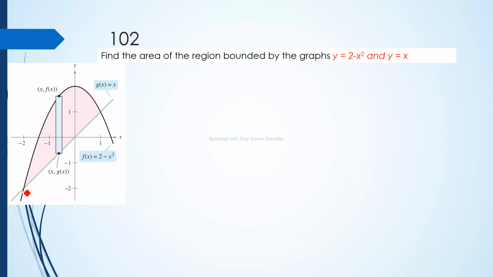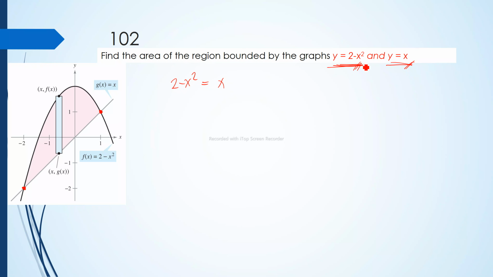From here, this is our lower limit, the negative x part, and then this will be the upper limit along the x. So how do we get that? Say we don't have the graph, and the graph is not really drawn to scale. We just equate the two equations to get the points of intersection of these two curves. So we will have 2 minus x squared is equal to x.